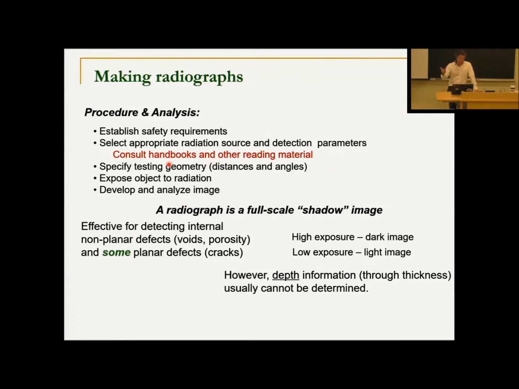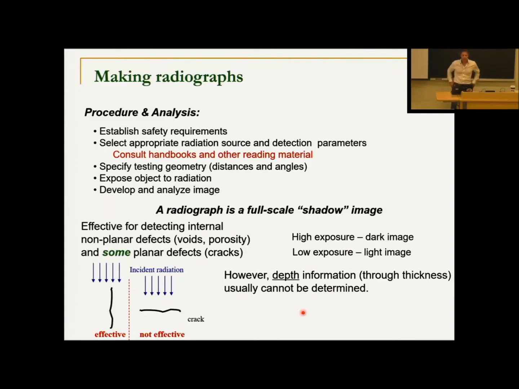And the old-time traditional way is that a high exposure, lots of energy going through, is dark, and low exposure, meaning energy not getting through because it's thicker or denser, is a light image. But the problem with these is that the depth is not revealed. It's just a compressed shadow. You know there's some sort of hole there, but you don't know where in the thickness that is. You don't get any through thickness.